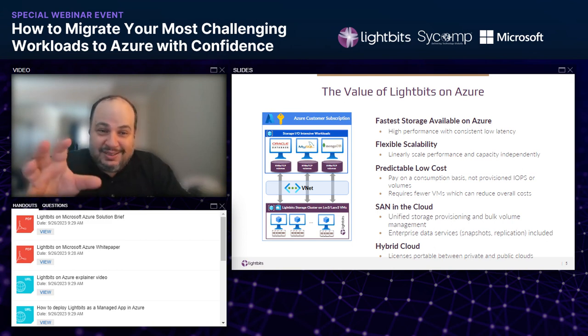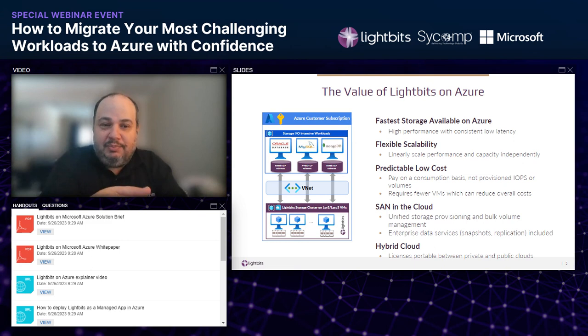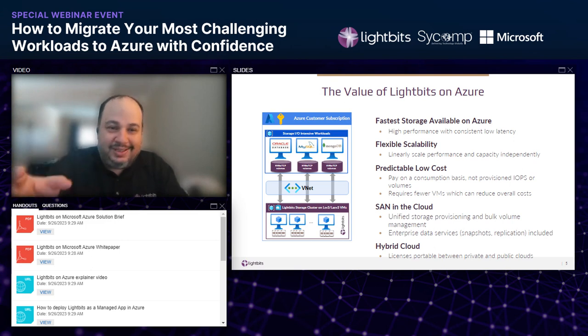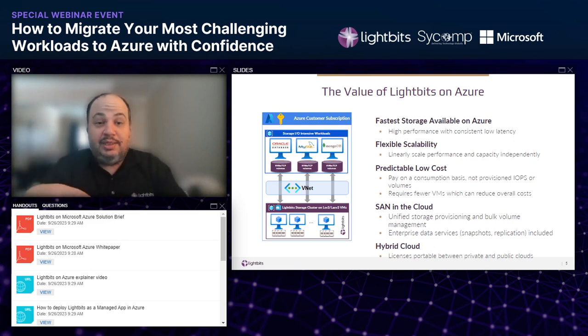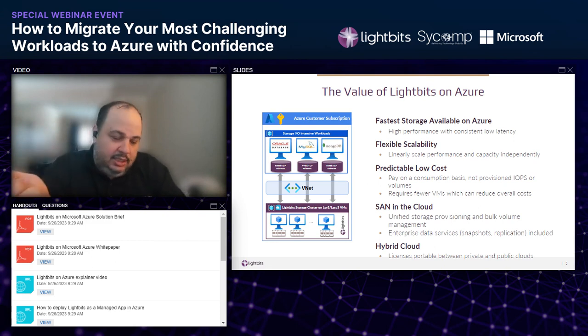You also get all the flexibility that you need to scale. I was explaining that Lightbits runs on these LSV3, LASV3 virtual machines. So you can just add more of these virtual machines to an existing cluster, and you will get more capacity and more performance, very easy to use.